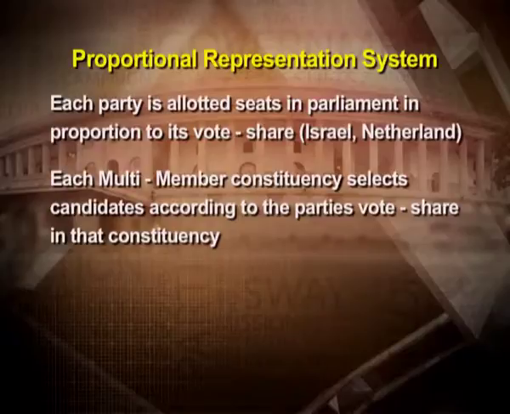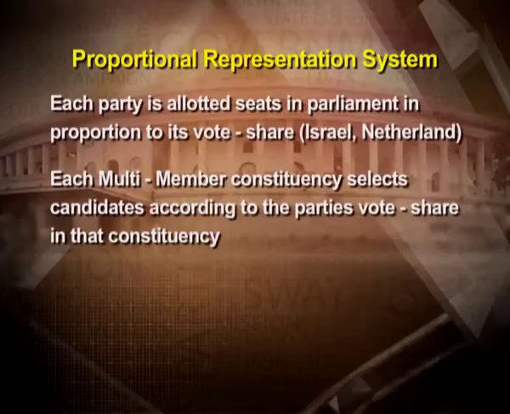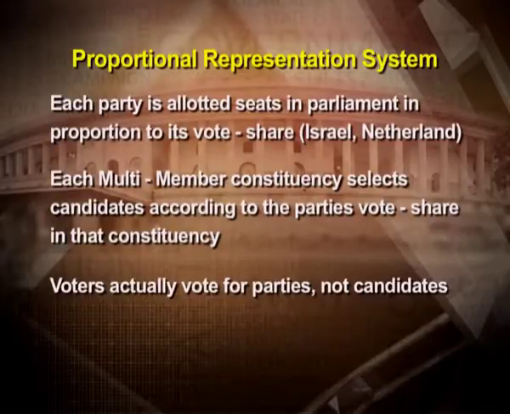Not only that, the constituencies are not single member constituencies, unlike in India. These constituencies are multi-member constituencies, and the candidates who are elected from those constituencies are elected according to their party's vote share from that constituency. So, voters are actually voting for parties. The parties do have lists of candidates, but the candidates do not matter.